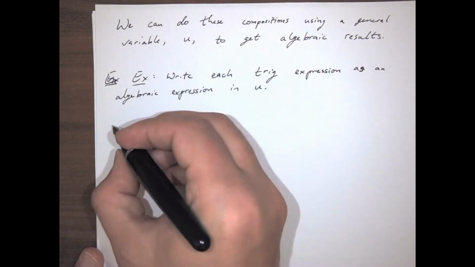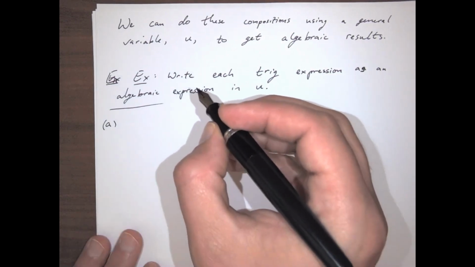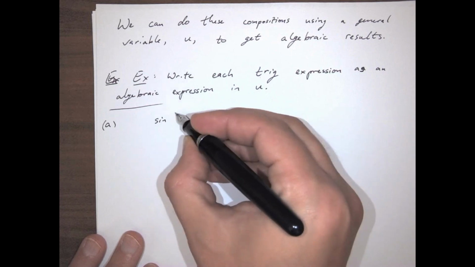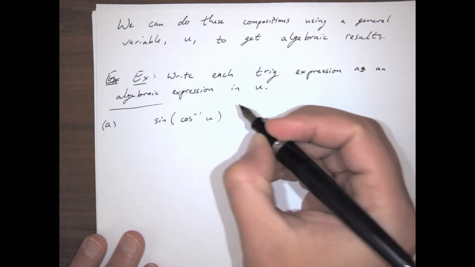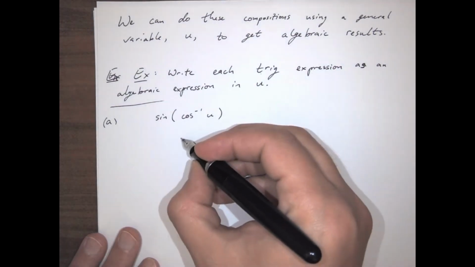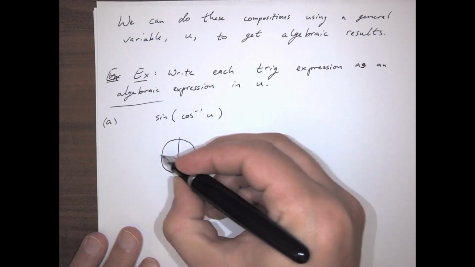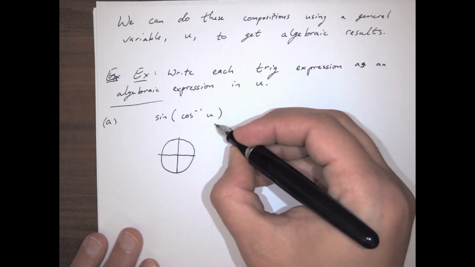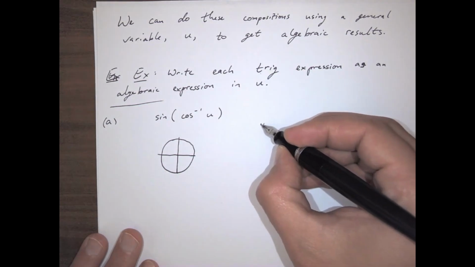So here's how this will work. It's not actually any different from what we were doing a second ago. It just looks kind of different. So sine of cosine inverse of u. Well, what we can just think of here is making a point on a circle and letting the u stand for something convenient.